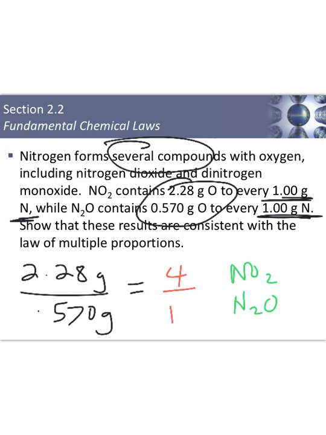But if we want to put it on a level playing field, think about what the formula would be for NO2 if we wanted to have two nitrogens just like we do right here. That would be N2O4. And then we can see 4 times as many oxygens here as here.